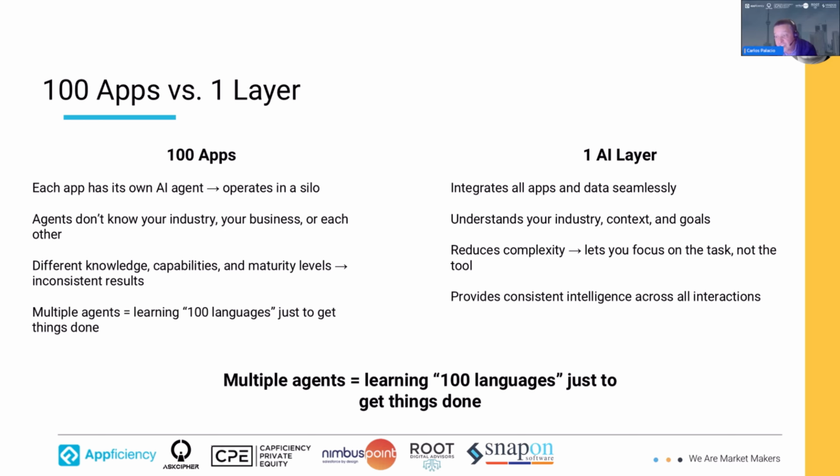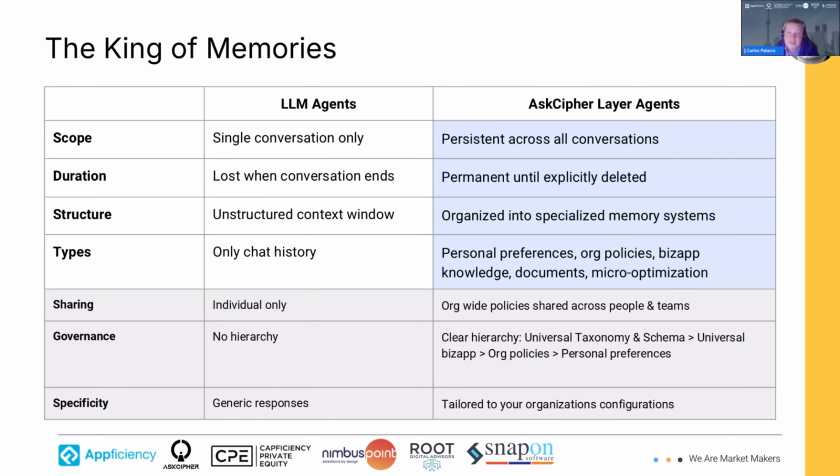So that's why we introduced Ask Cipher, and that is the Ask Cipher approach. That's why we call it the last user interface, because you will not need to actually go to the apps. They are not going to be replaced, but they are not going to be in the front. You will never need to learn another software interface again.